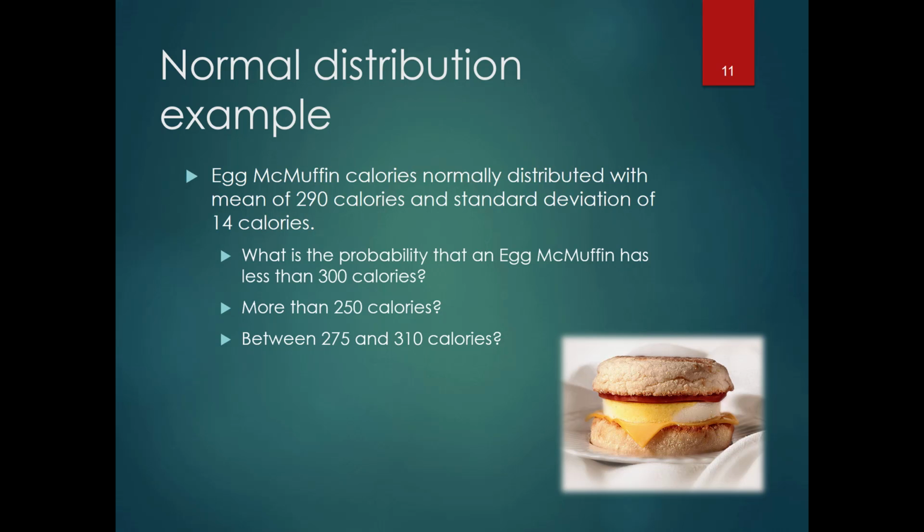What about between 275 and 310? Anytime I have a between like this, I basically just take the less than for 310 and the less than for 275 and subtract them to get the in between. Okay?